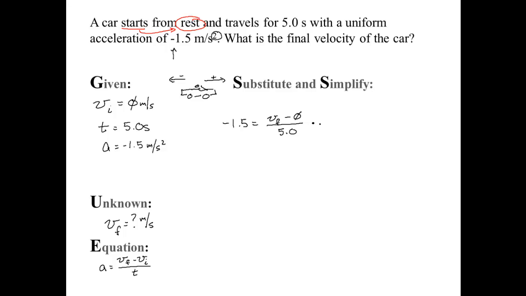Well, to get VF all by itself on either the right or the left hand side, I'm going to multiply by 5.0, cancel, that gets it out of the denominator, and then whatever I do to the right, I have to do to the left. Now if I simplify the left hand side, I get negative 7.5 equals velocity final minus 0.